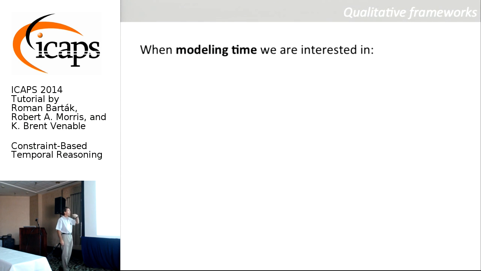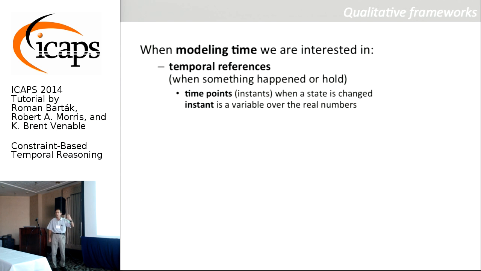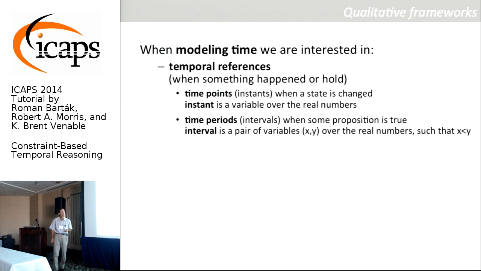So when we model time in a qualitative way, we will be using temporal references, which is a description of something that happened or something that was true for some time. As I mentioned, we will be working with two types of temporal references: time points or instants that describe a change in the world, or time intervals, periods, describing when something was true or something happened for some time.